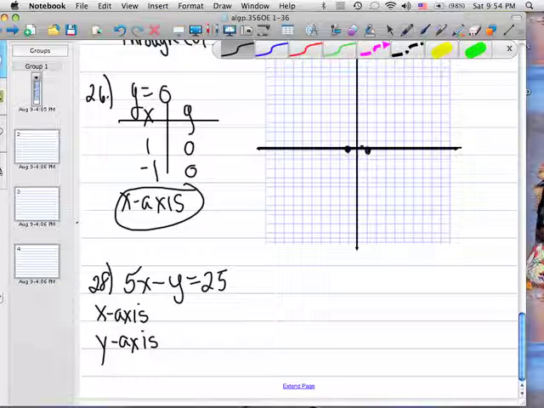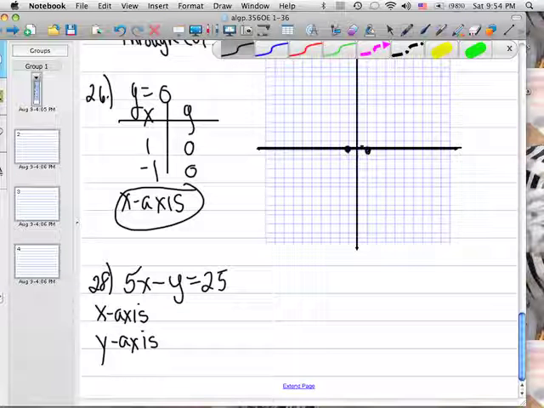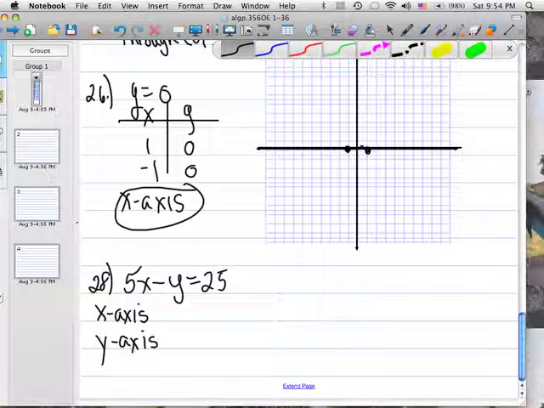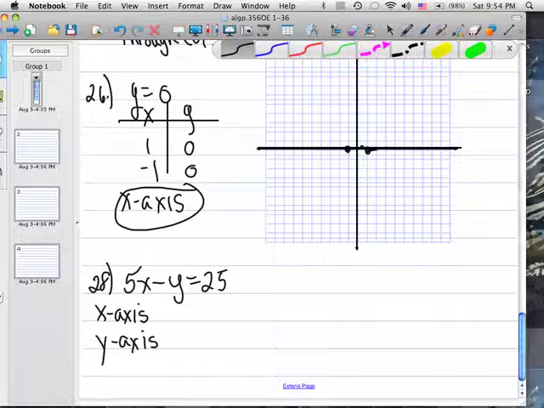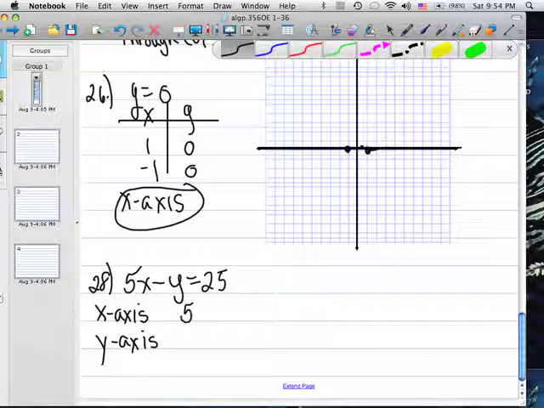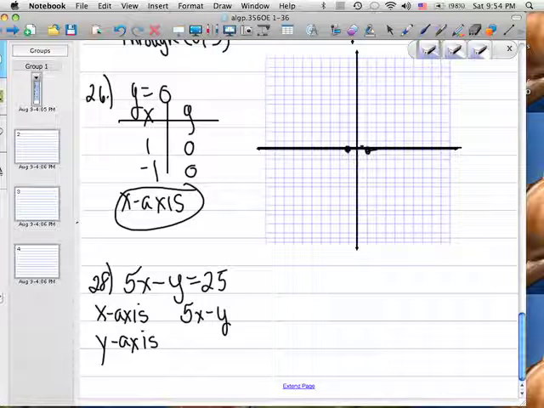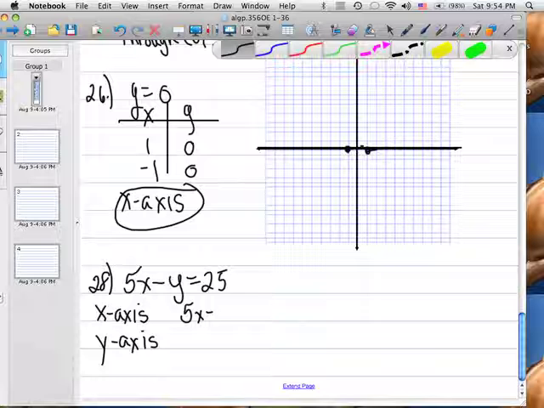If it crosses the x-axis, then the value of y has to be 0. Any place on the x-axis, y is 0. So I would have to let y equal 0.